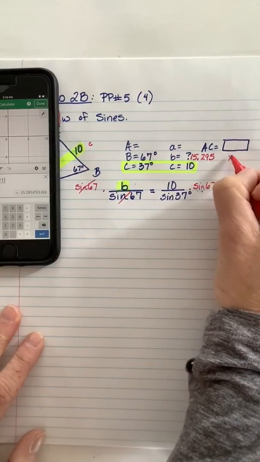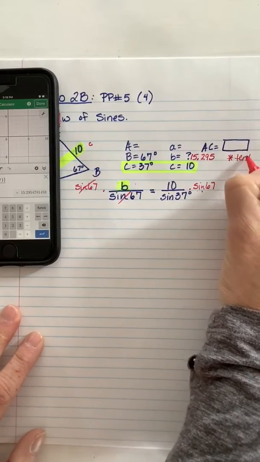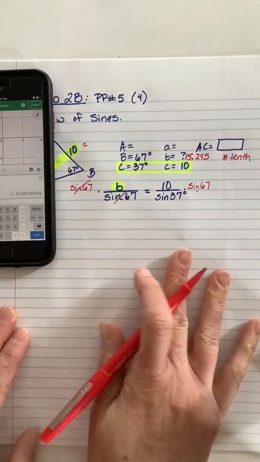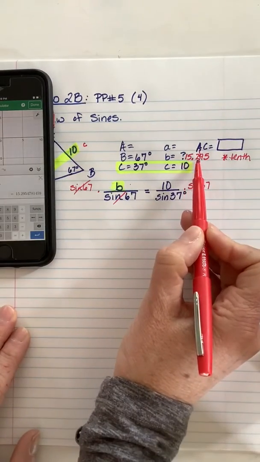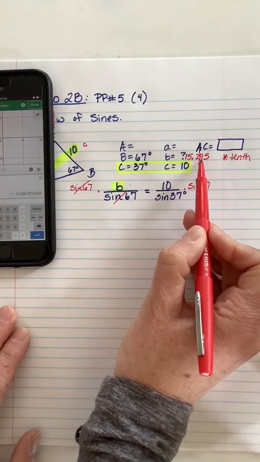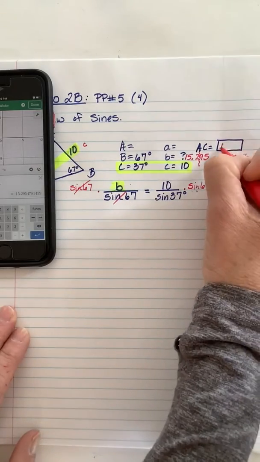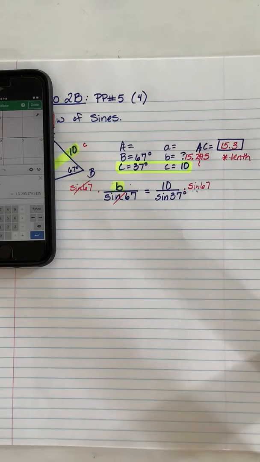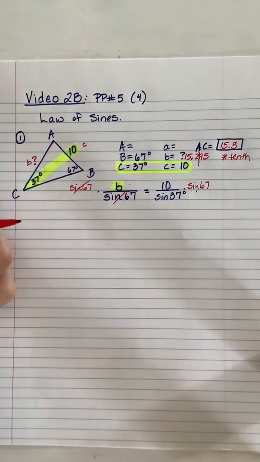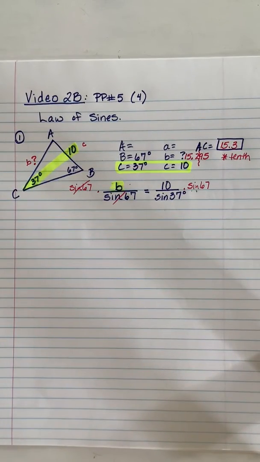Let's say that we wanted to round this to the nearest tenth, which means I'm looking here: 15.2, but now I've got a 9. Wow, that's really close to 15.3. So I know that I'm going to round that up to 15.3. Okay, so that's going to be like one of your practice problems today.